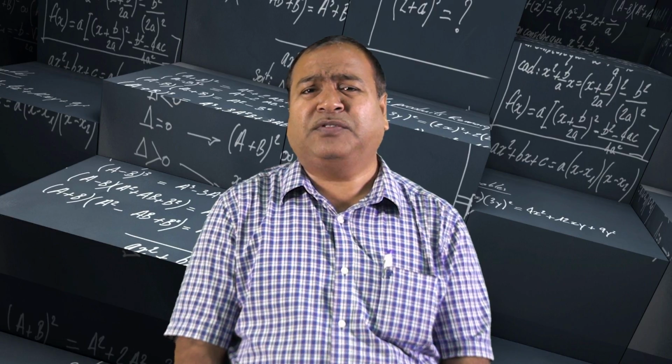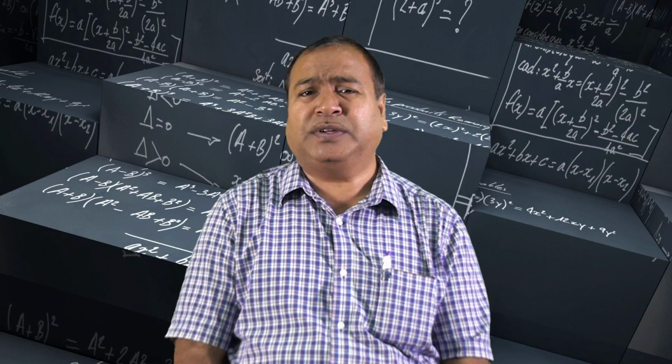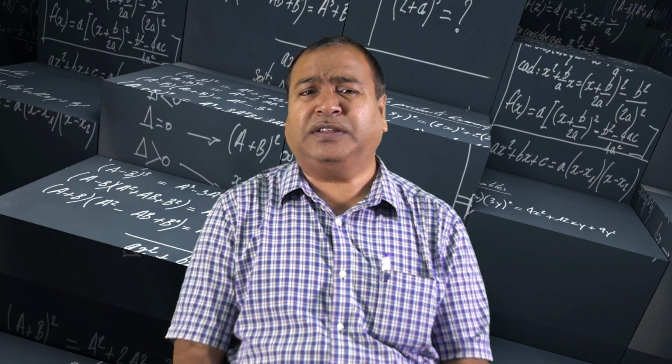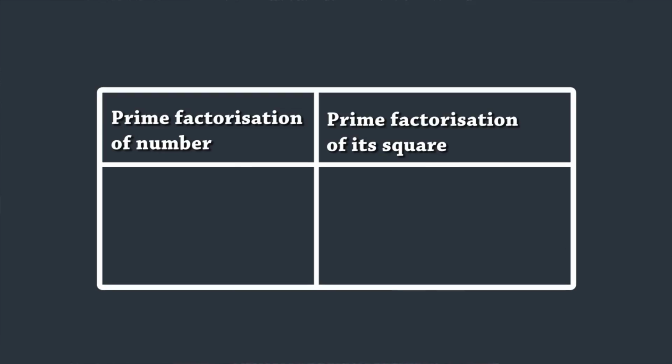Let us observe the following table which gives the prime factorization of some numbers in the first column and the prime factorization of their squares in the second column. Let us observe. In the first column, the first number is 6, which is equal to 2 into 3.